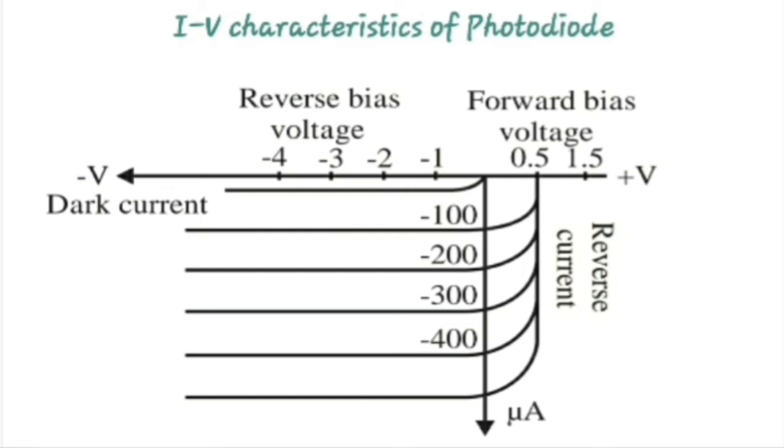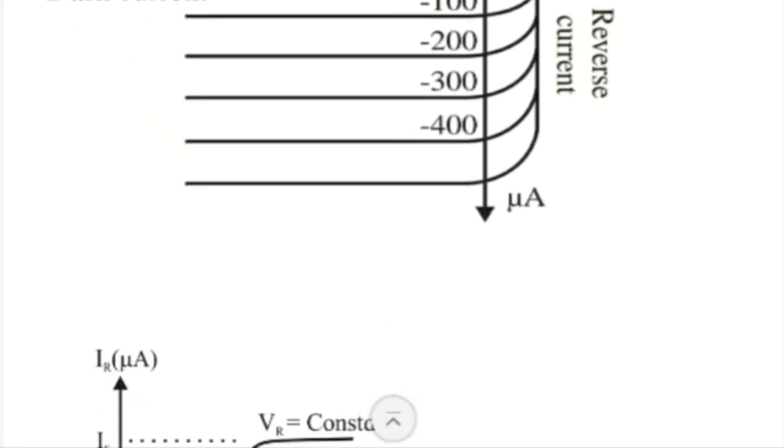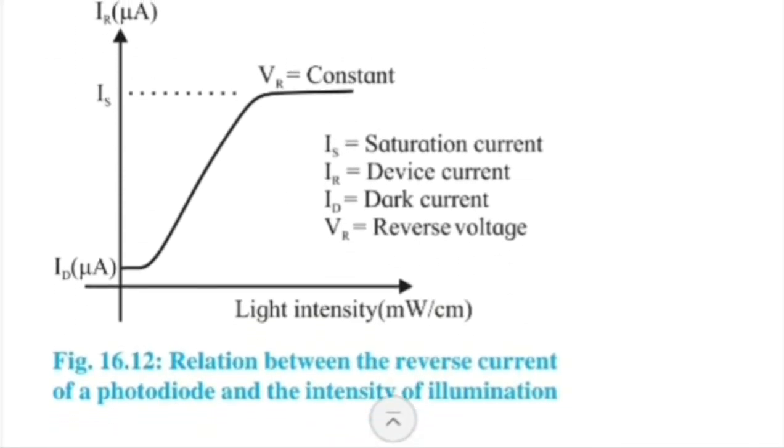Now if we take the relation of the illumination intensity of incident light with the dark current, we can see the graph of such a relation. Here we can see when the intensity of light increases, current through the photodiode increases. But at a particular value of current, even if we increase the intensity of incident light, the current's value is constant.